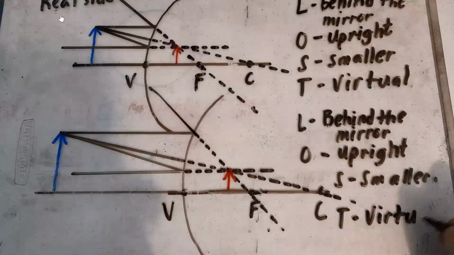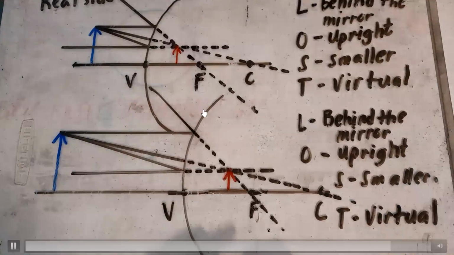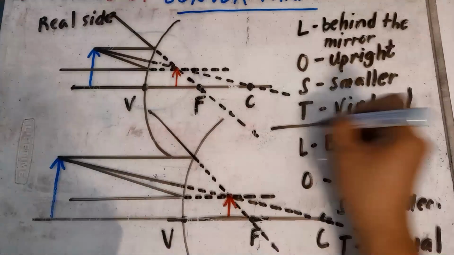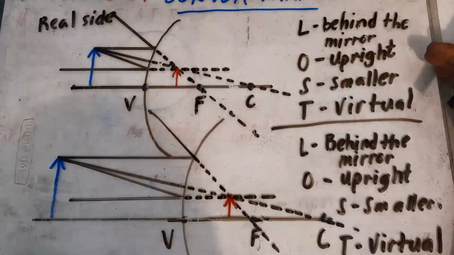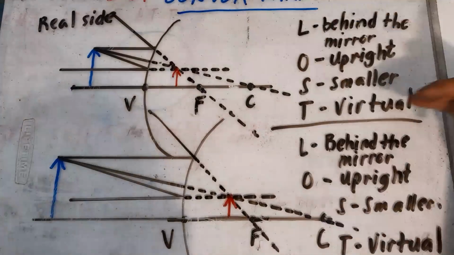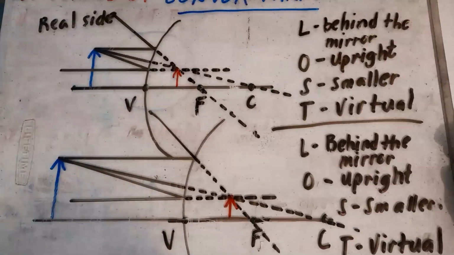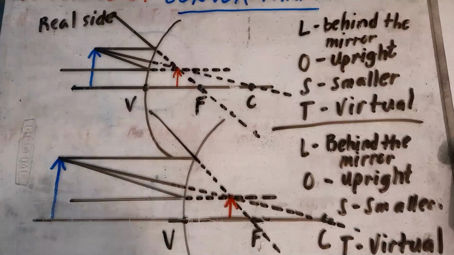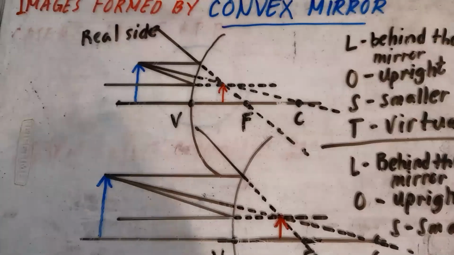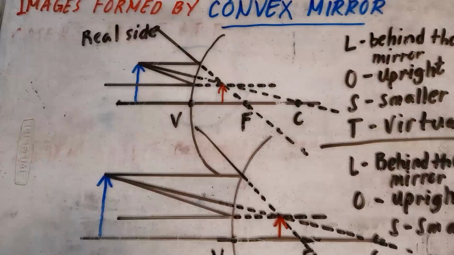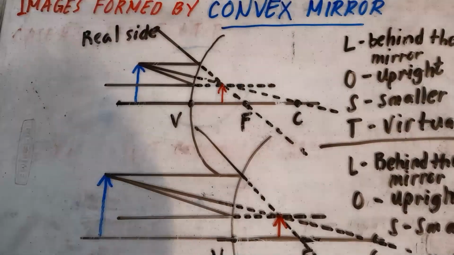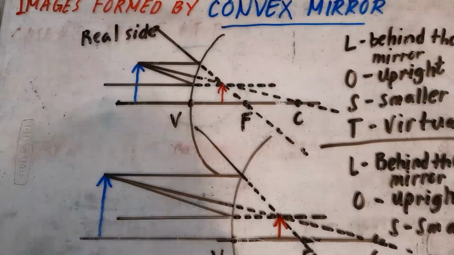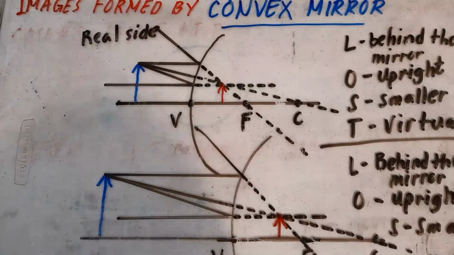So let us compare these two examples. As you can see, in our first example, these are the results. And if we compare that with our second example, they are the same. Because unlike concave mirror that has 6 cases, the convex mirror has only one case.